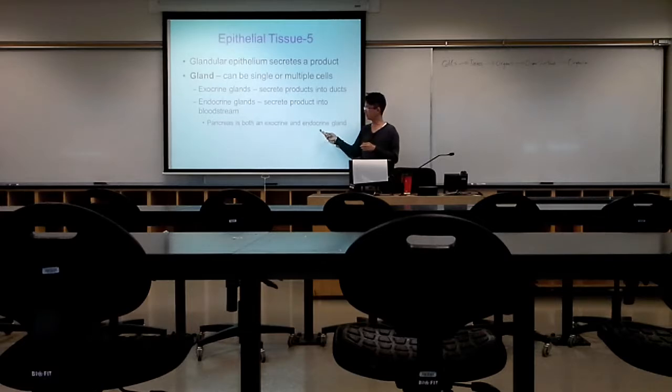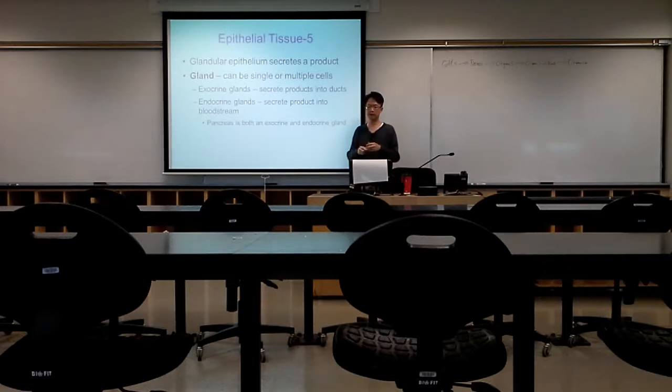Then the pancreas is both an exocrine and endocrine gland. As an endocrine gland, for example, the pancreas can secrete insulin to lower our blood glucose level. For a diabetic patient, their pancreas cannot secrete insulin, so they have a high blood glucose level all the time. That's why they are diabetic.